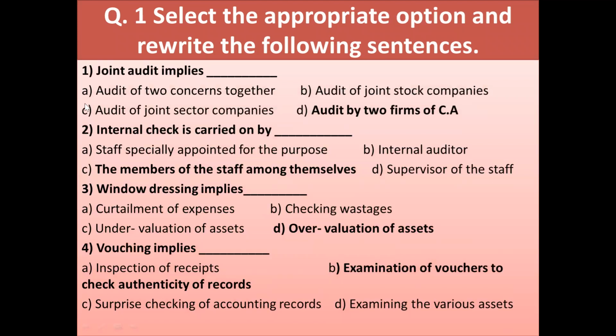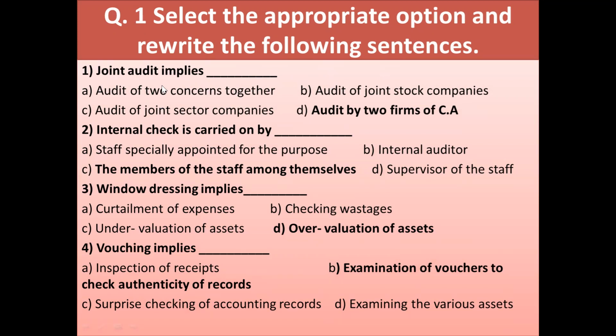The four options A, B, C, D are given. When you write in the answer sheet, you have to write the statement first and fill that blank with the correct, appropriate option. Choose the most correct and appropriate option as your answer.